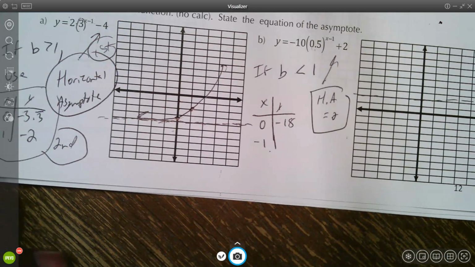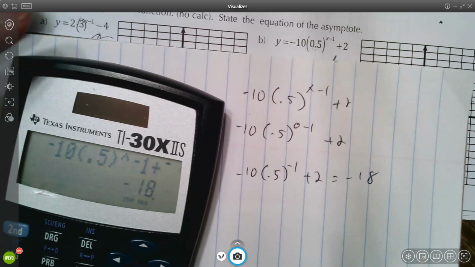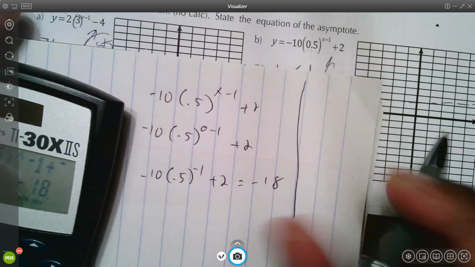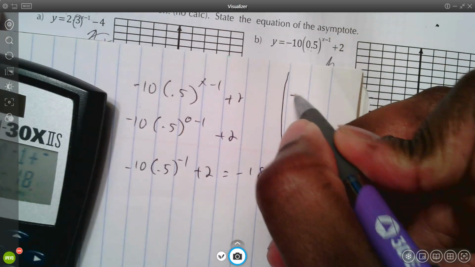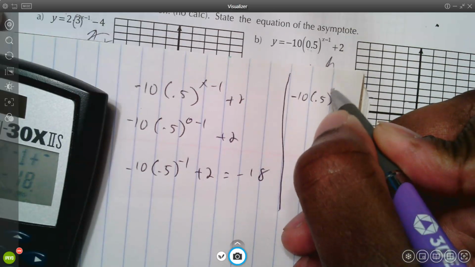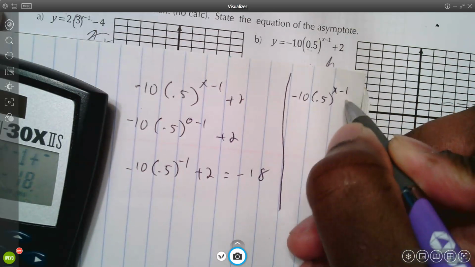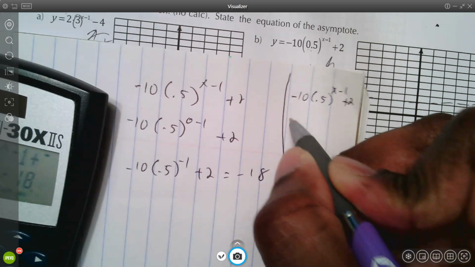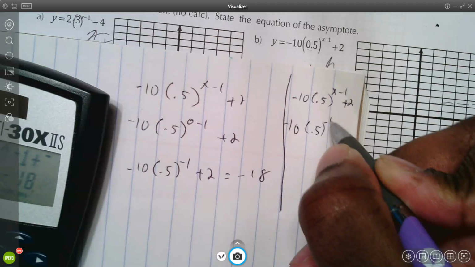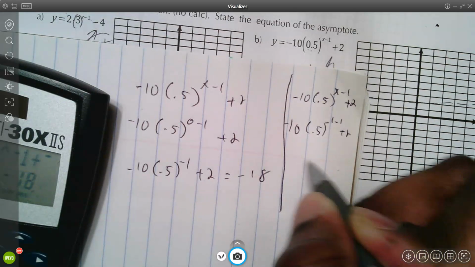And then at -1 is my next one I'm going to choose. So taking that same equation, plugging in -1. So it's going to be -10 times 0.5 to the -1, take away 1, plus 2. And you plug in, that's a -2.